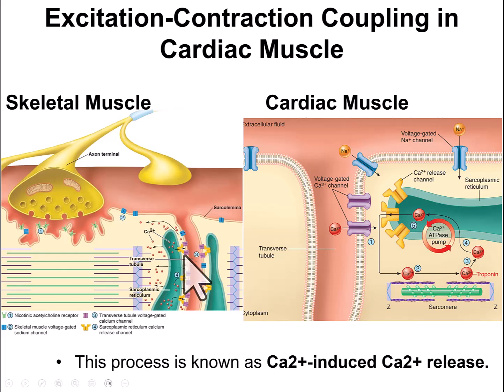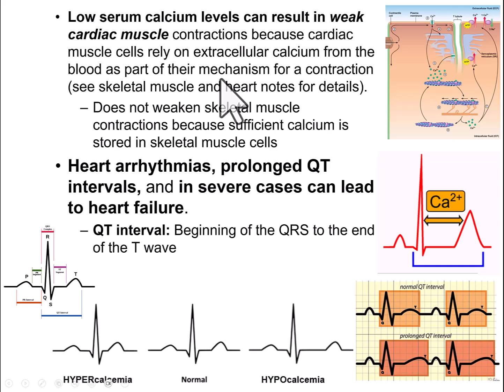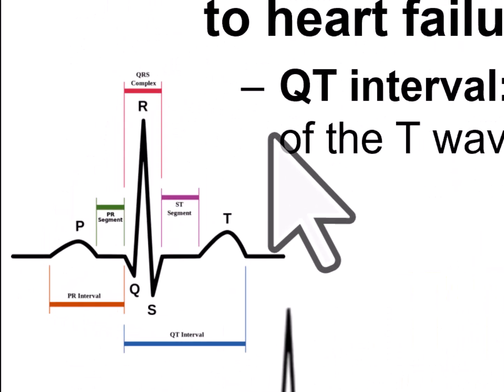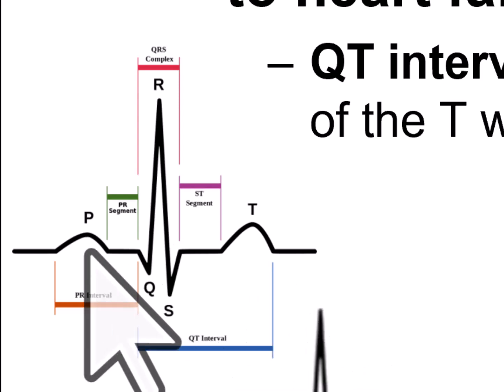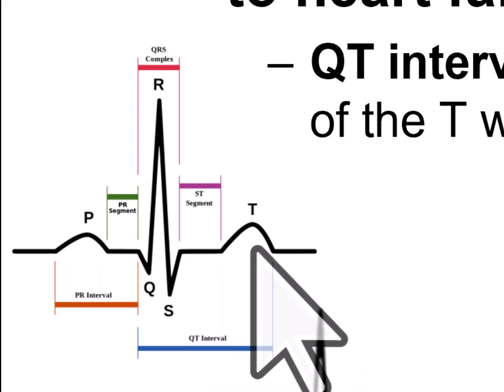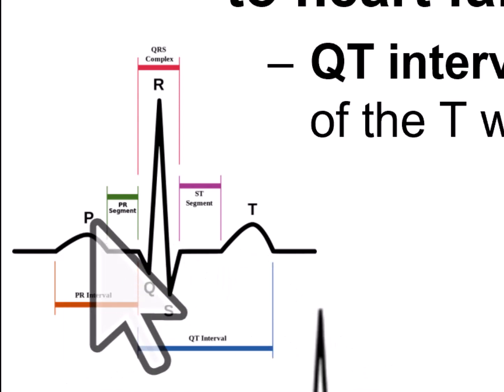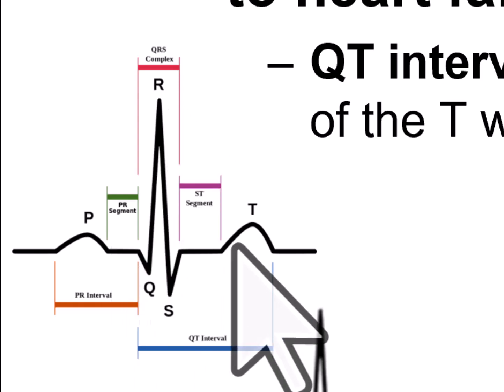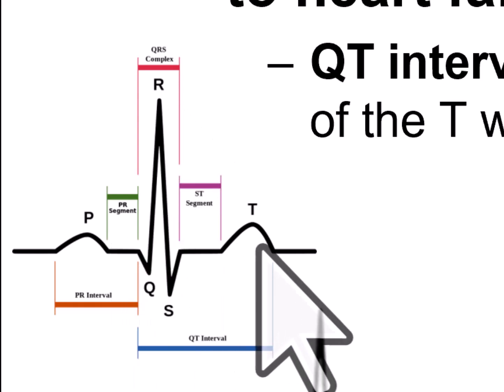You can also have heart arrhythmias, such as a prolonged QT interval, and in severe cases this can lead to heart failure. If you look at the different waveforms of a basic EKG, you have your P wave, your QRS, and your T wave. The QT interval starts from the beginning of the QRS all the way to the end of the T wave.